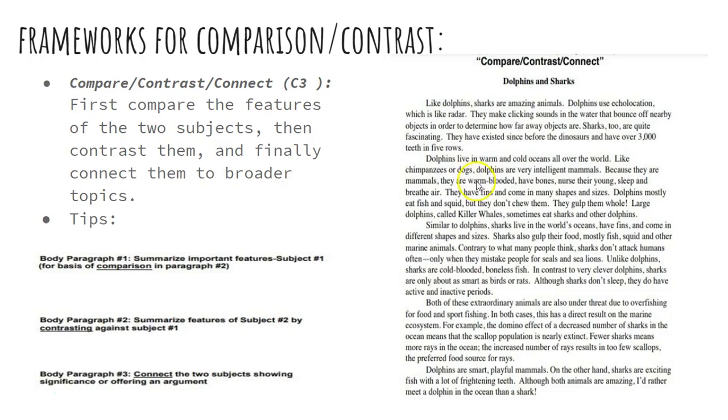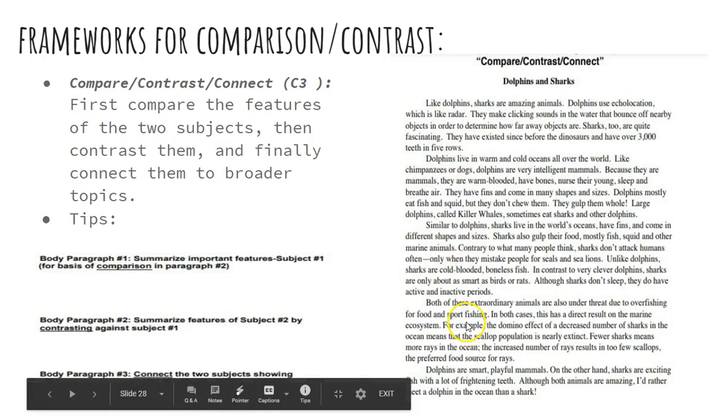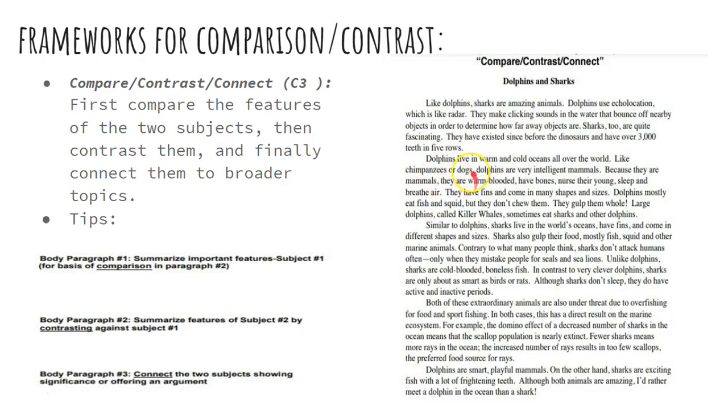Okay, so again, you see your introduction, and I don't know if you guys can see me pointing, I hope so. And then you have your body paragraph 1, your body paragraph 2, your body paragraph 3, which is the connection, okay? So this is what I'm talking about right here, okay? So this is your introduction.